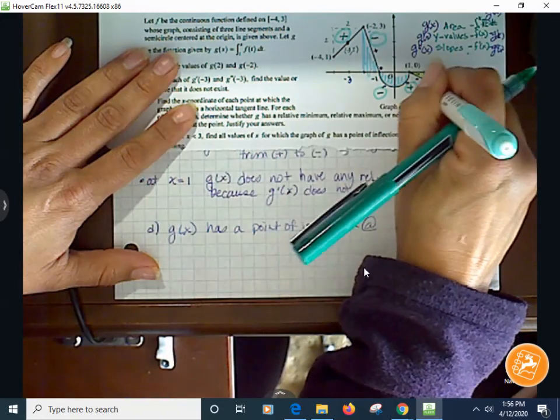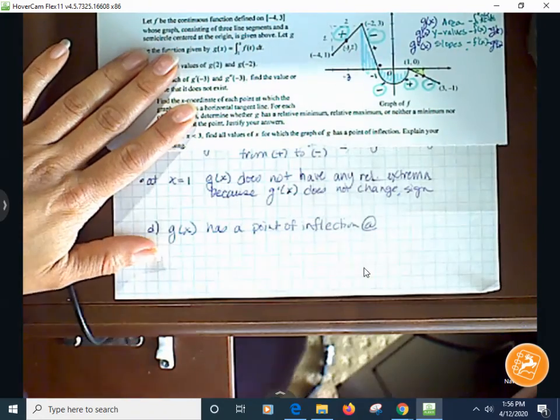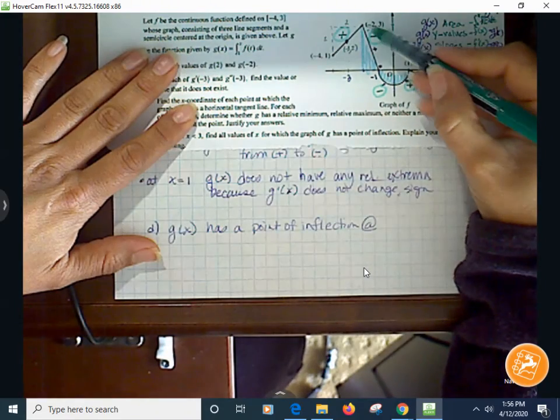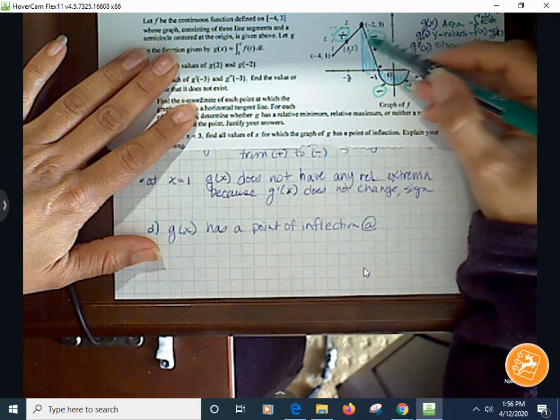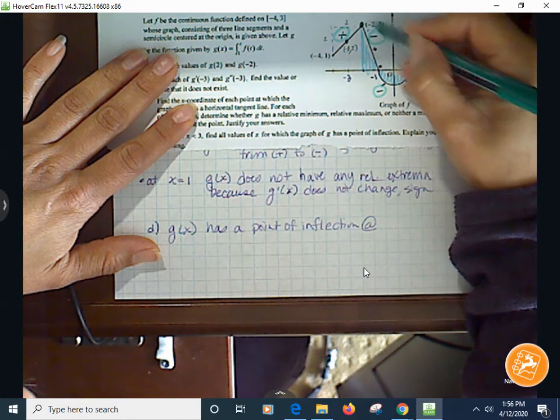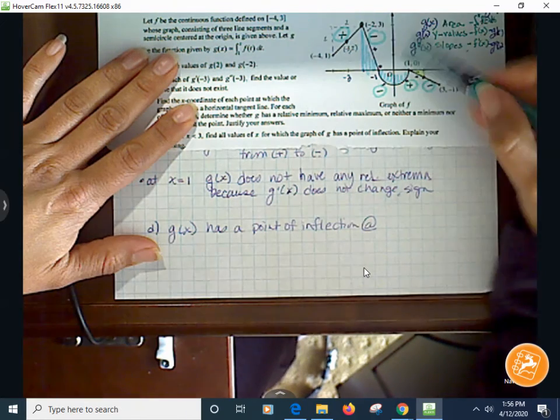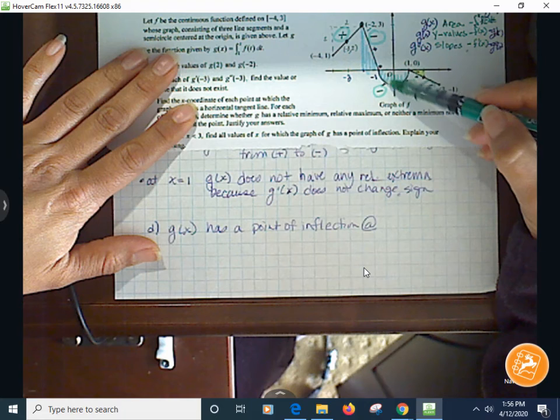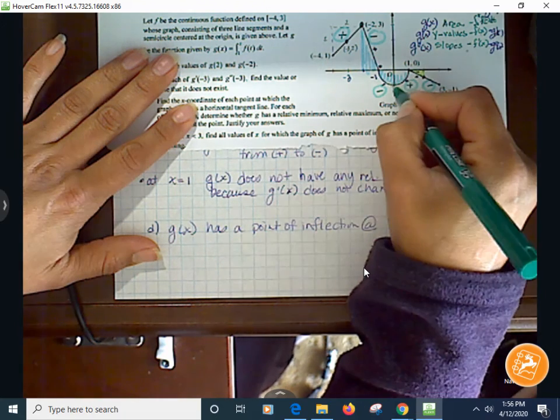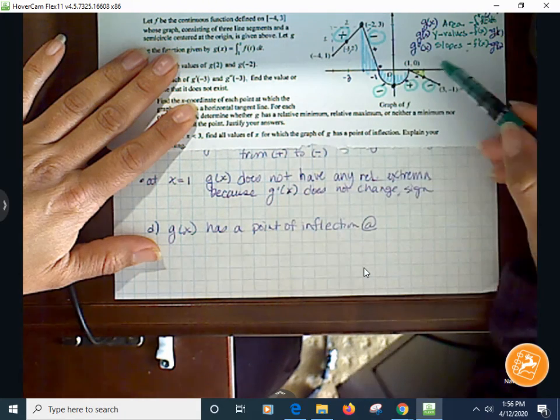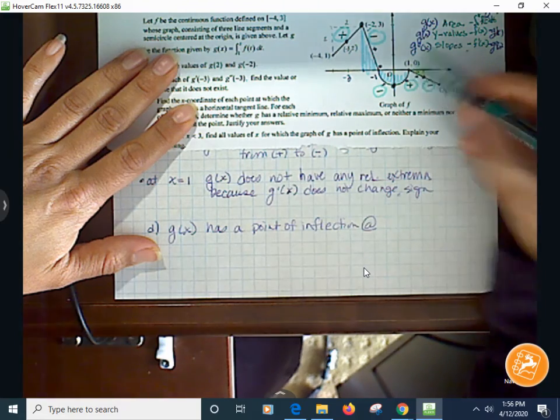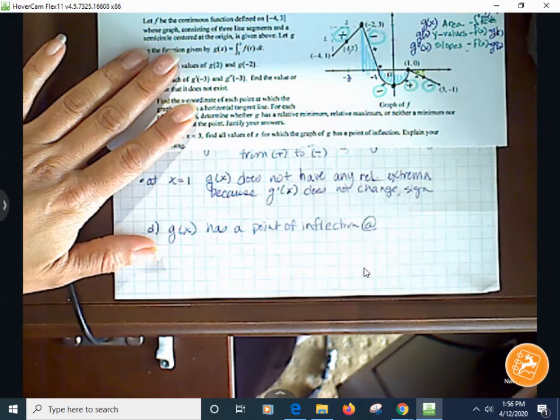Okay. So where did it change sign? There's a change in sign right here, at x equal to -2. There's no change in sign here. There's a change in sign right here at x equal to 0. And there's a change in sign here at x equal to 1.